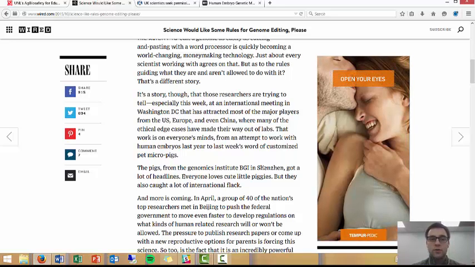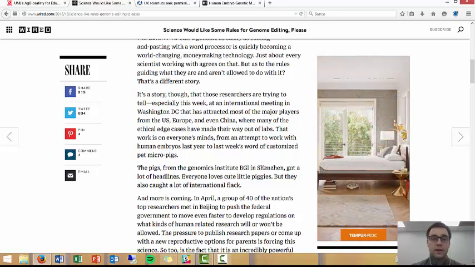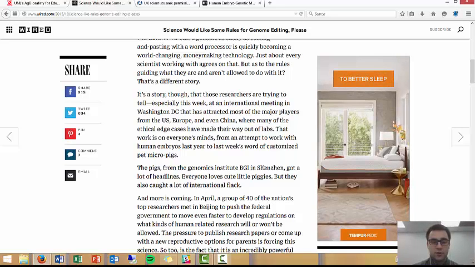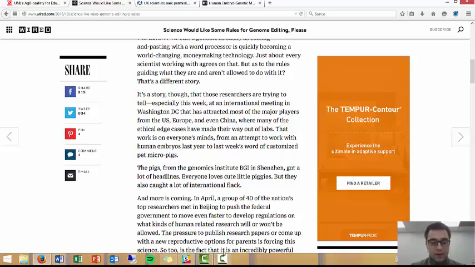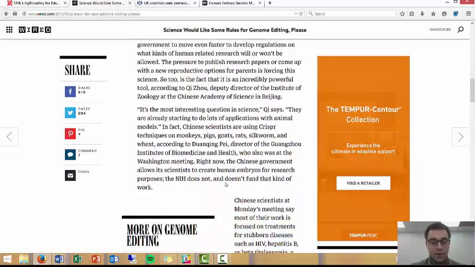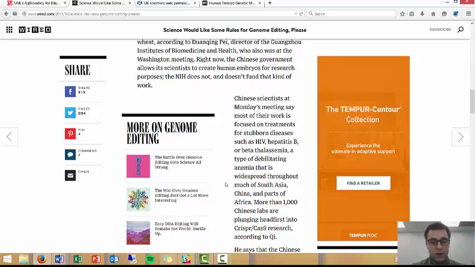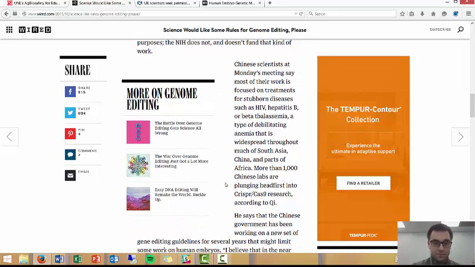We move towards the animal, so that we can have some sort of test basis for why we should start using them in humans. I'm getting ahead of myself, but essentially what the article talks about is how we want certain criteria, certain rules and regulations for how we can use genome editing.